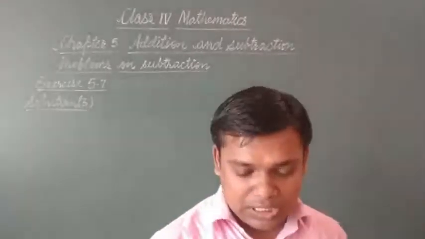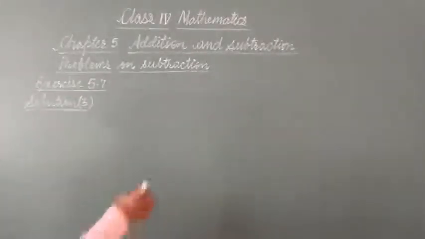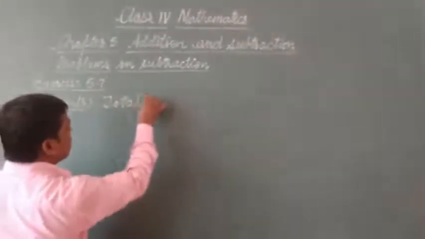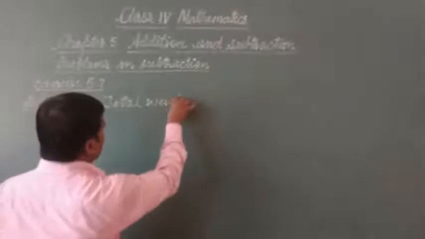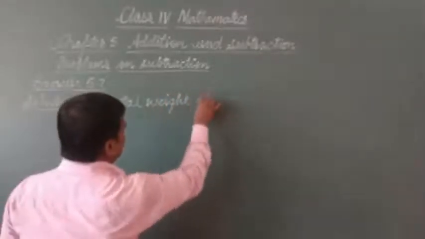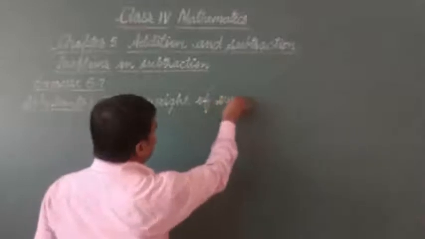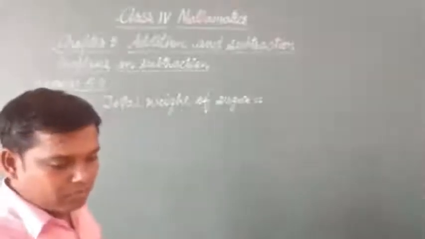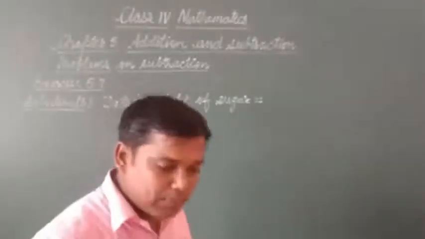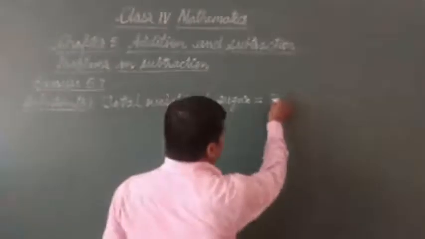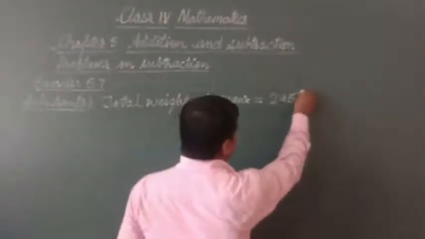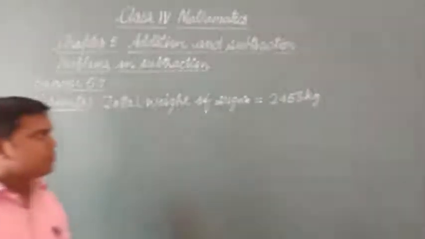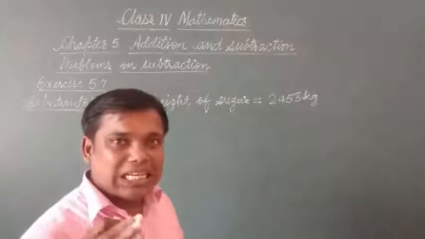Okay, so now see how we will write. Total weight of sugar is equal to 2453 kg. Kg is here for kilogram.